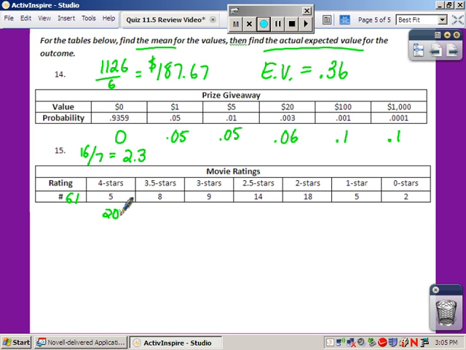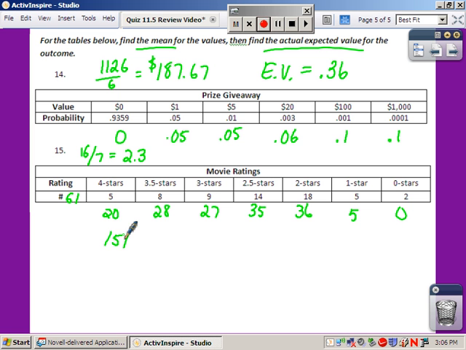So I've got 20. 3.5 times 8 is 28. 3 times 9 is 27. 2.5 times 14 is 35. 2 times 18 is 36. 5 and 0. Now I'm going to add them up just like I did all of these. So I've got 48 plus 27 plus 35 plus 56 plus 5. I end up with 151.